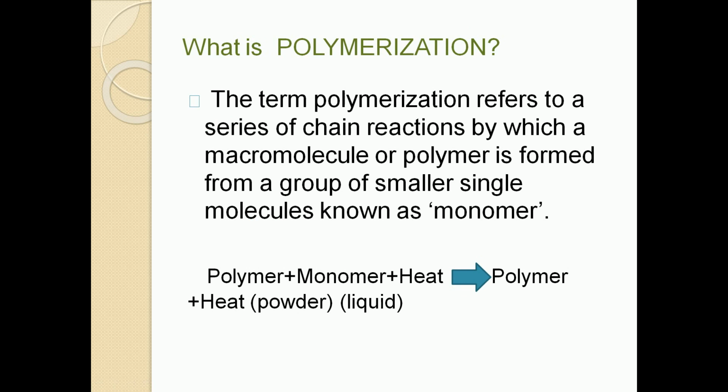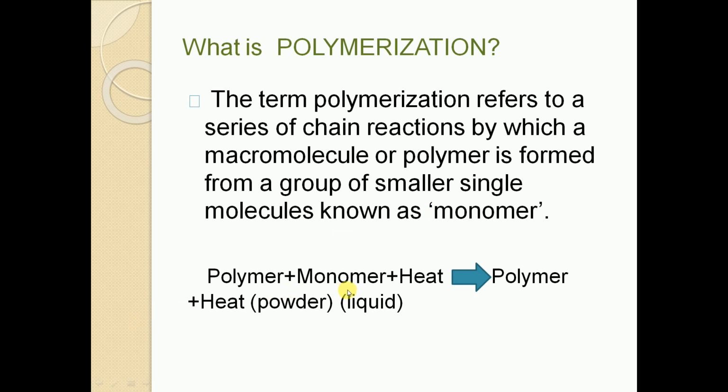So basically, what is polymerization? The term polymerization refers to a series of chain reactions by which a macromolecule, meaning a larger molecule or polymer, is formed from a group of smaller single molecules known as monomers.